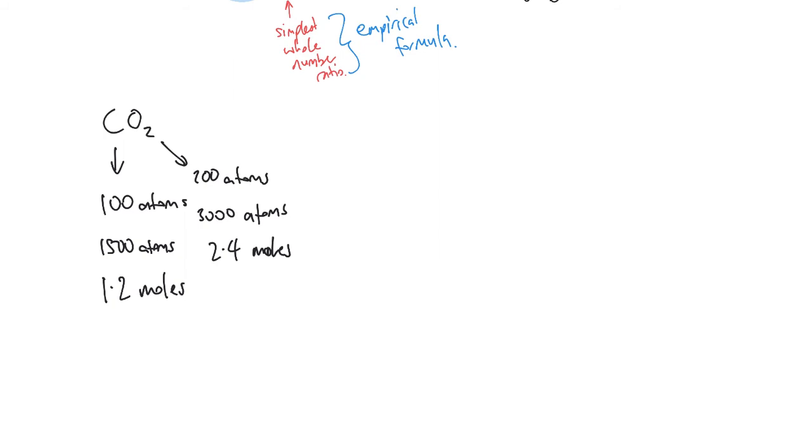That's what the ratio shows. So if I have 1.2 moles of carbon, I have 2.4 moles of oxygen. Okay? Now, that can translate to masses as well. 1.2 moles of carbon is 14.412 grams.